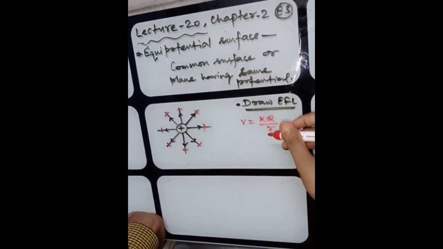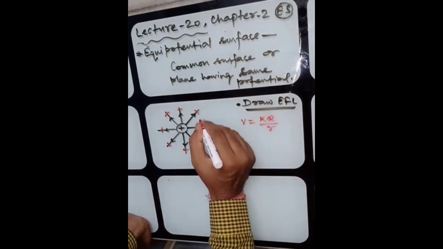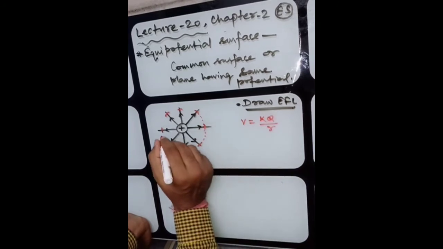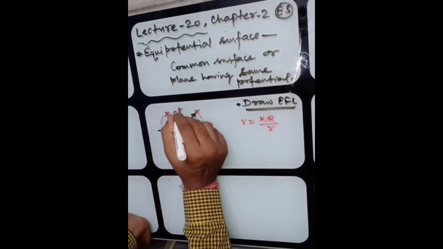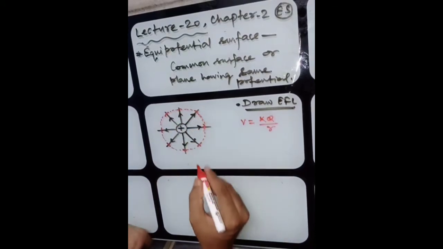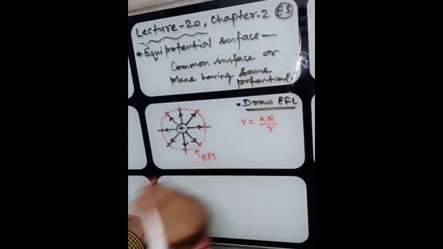So at distance r you will get equal potential. Now make the dotted line. This is the equipotential surface.